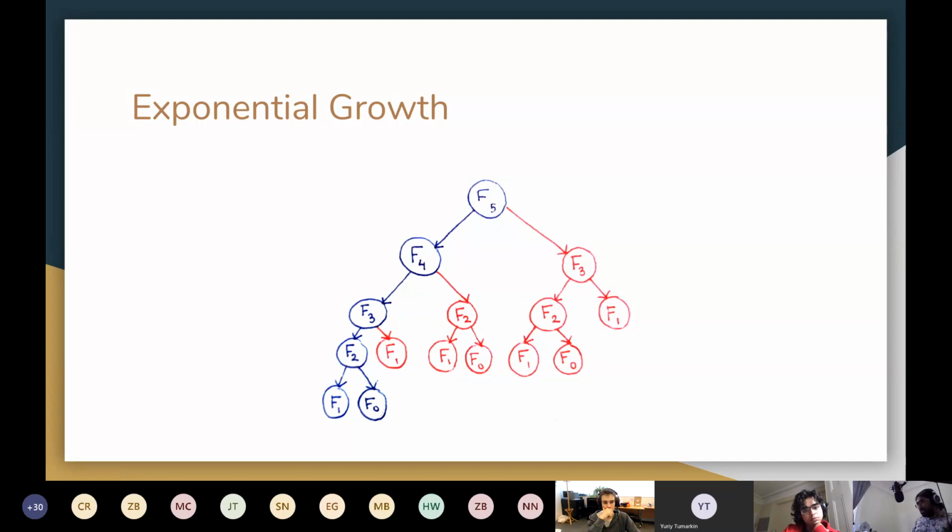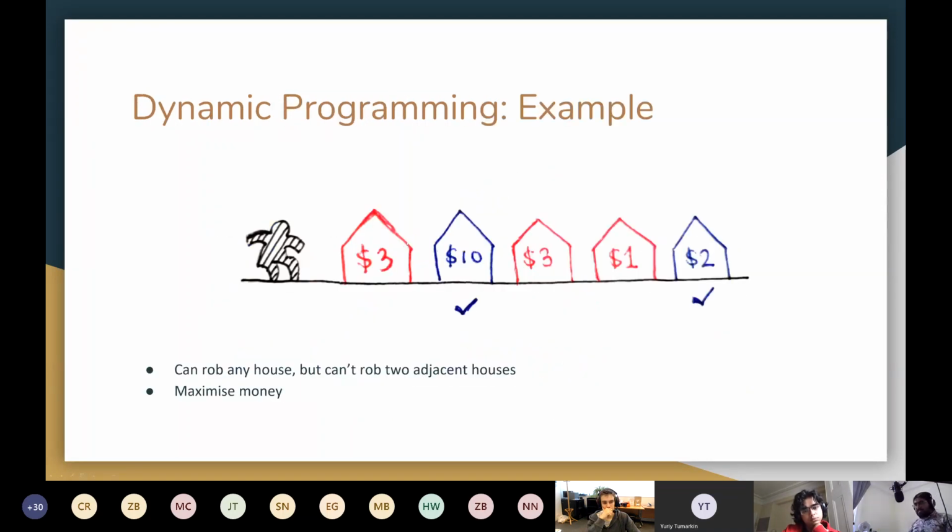But if you look at this problem, if I rob the first house, I know that I can't rob the second house, and I need to figure out the best way of robbing the last 3 houses. If I don't rob the first house and I don't rob the second house, I still need to figure out the best way of robbing the last 3 houses. These are the same problem.